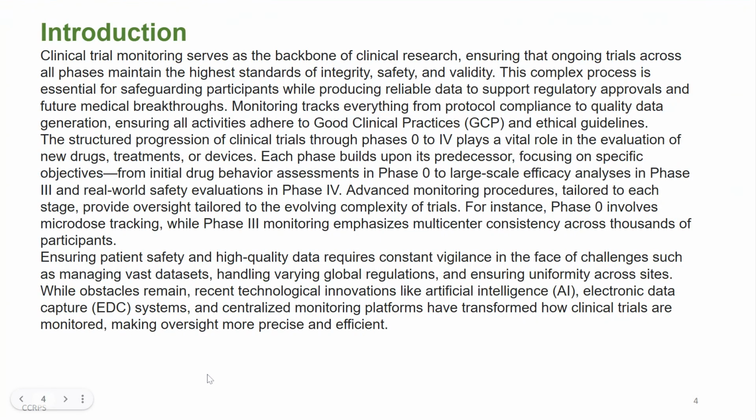Introduction. Clinical trial monitoring serves as the backbone of clinical research, ensuring that ongoing trials across all phases 0 to 4 maintain the highest standards of integrity, safety, and validity. One of the most important applications to maintain these standards in clinical research is clinical trial monitoring.